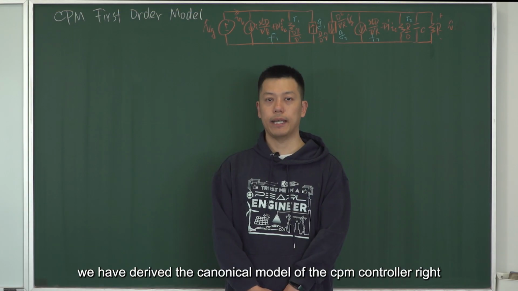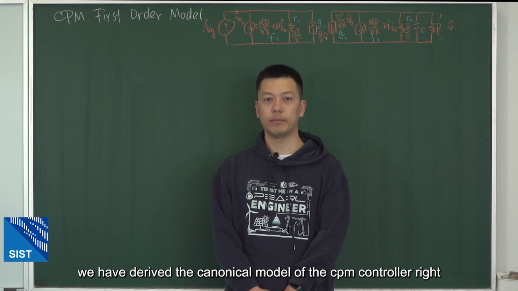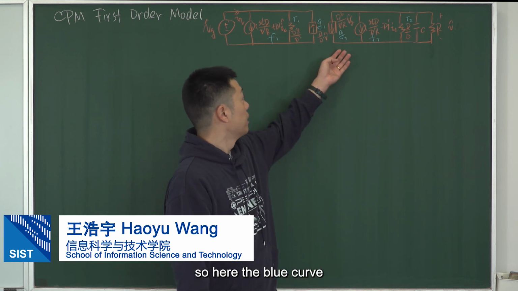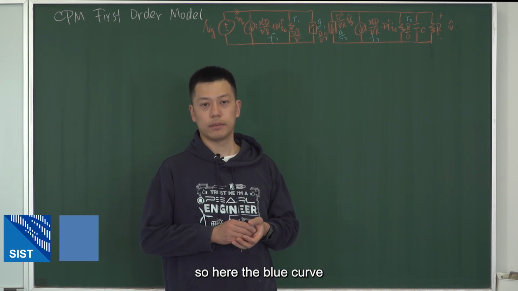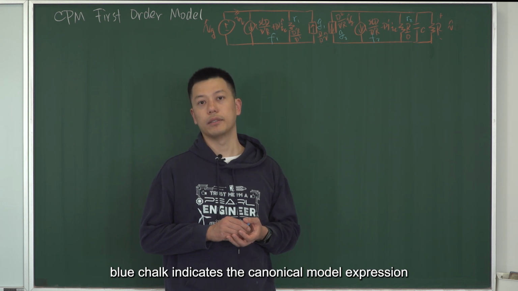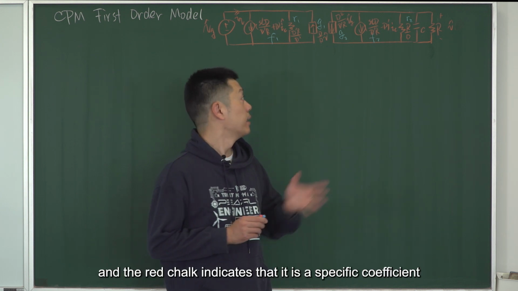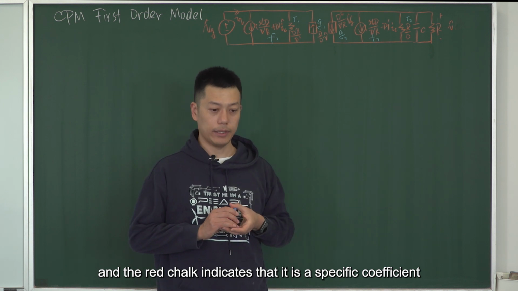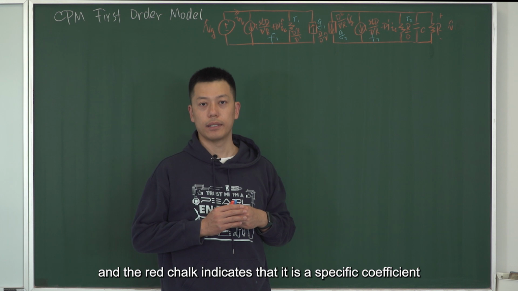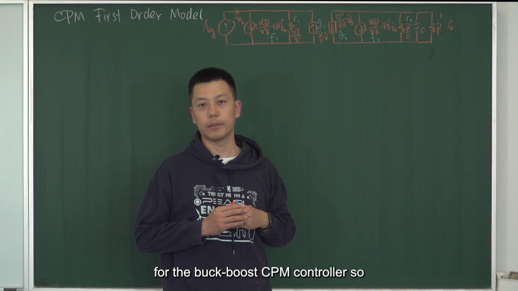In the last section, we derived the kinetic model of the CPM controller, right? Here the blue chalk indicates the canonical model expression, and the red chalk indicates the specific coefficients for the buck boost CPM controller.